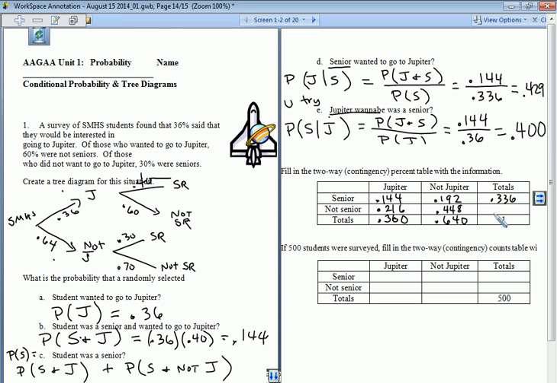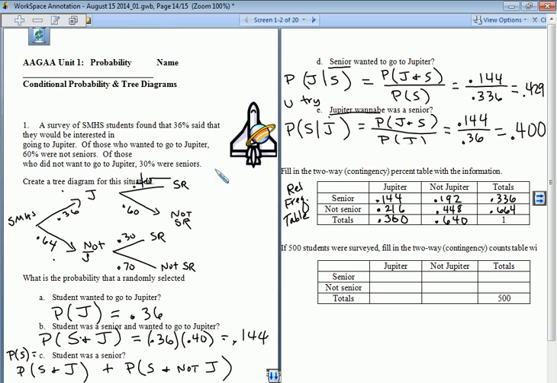And so what would that leave here? 0.664, because it has to add up to 1. So this is our two-way percent table. It's our relative frequency table, and yours has that over to the side. You just can't see it on mine.